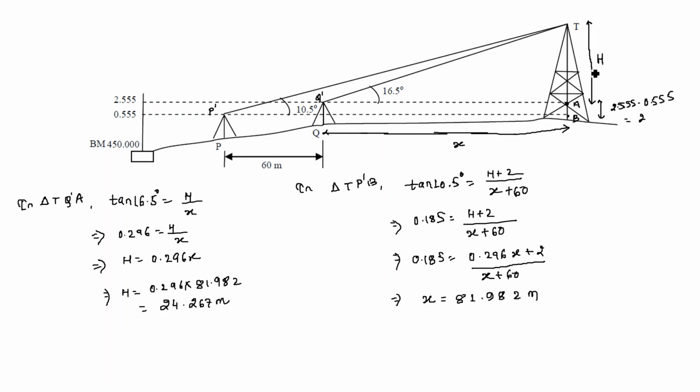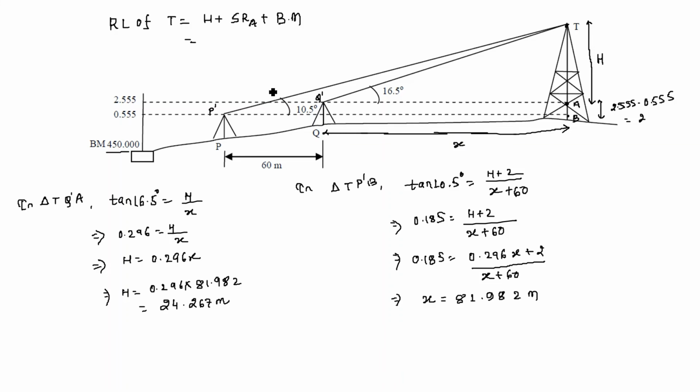Now, we have the value of h, we know the staff reading of A, and we also know the reduced level of the benchmark from which the reference is taken. So, RL of T will be h plus the staff reading of A plus the benchmark.